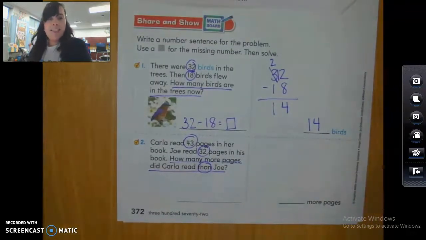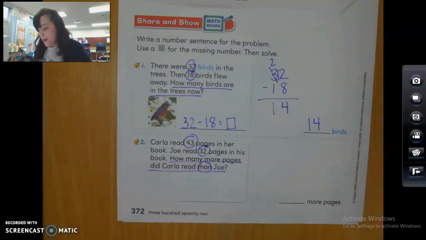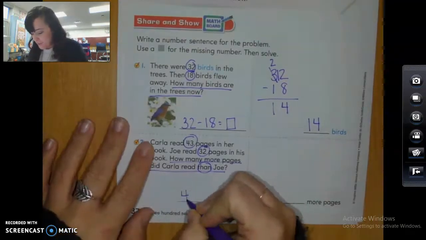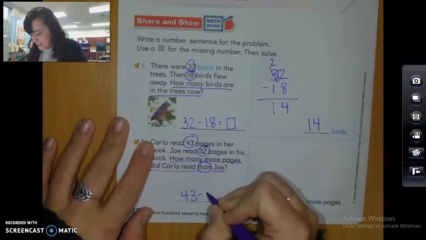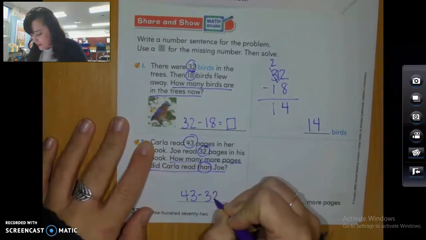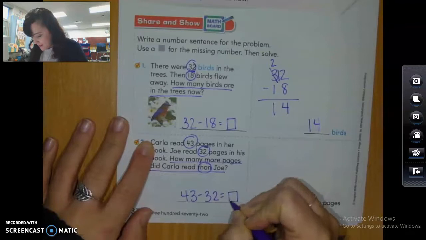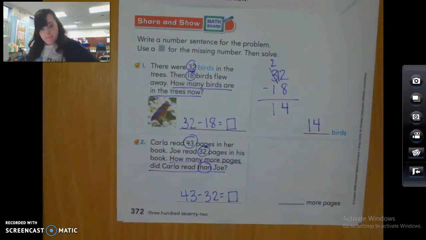Go ahead and write down what your number sentence would be. Okay, hopefully you wrote down 43 minus 32 equals box. Then we can go ahead and solve once we get that written down.